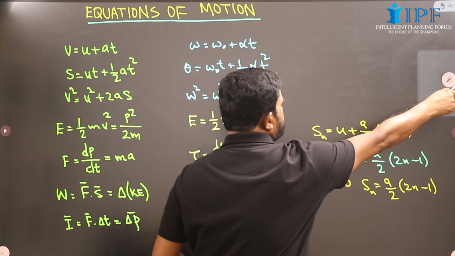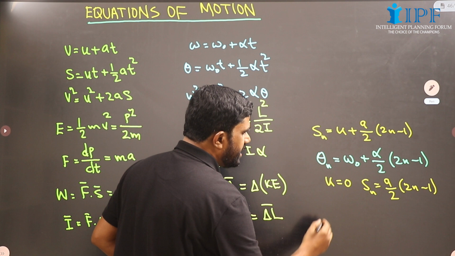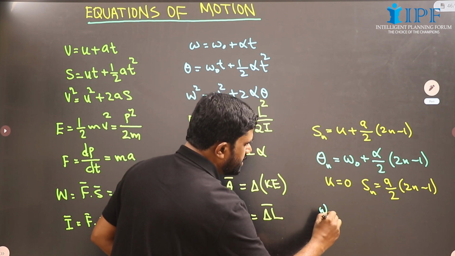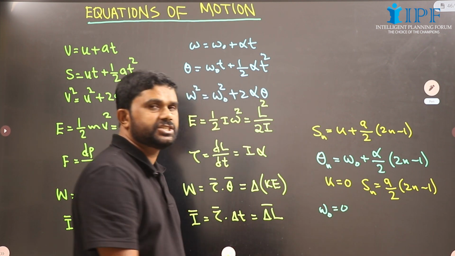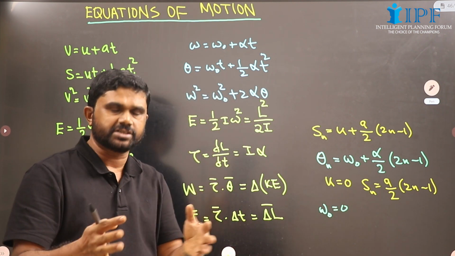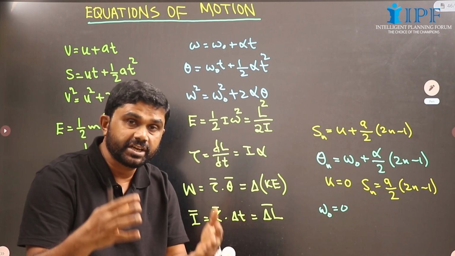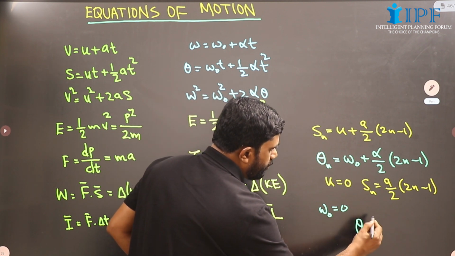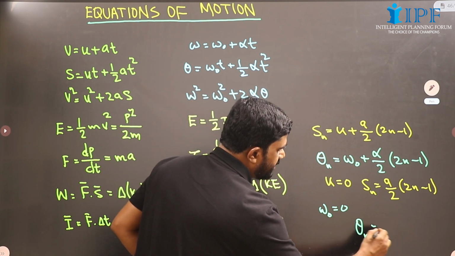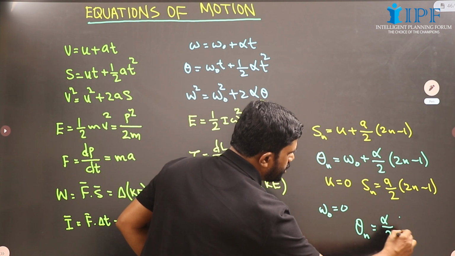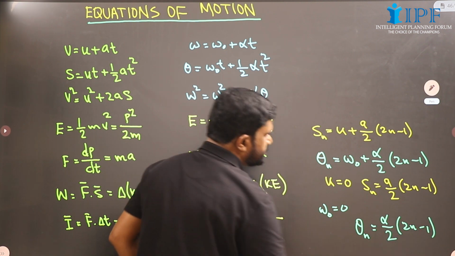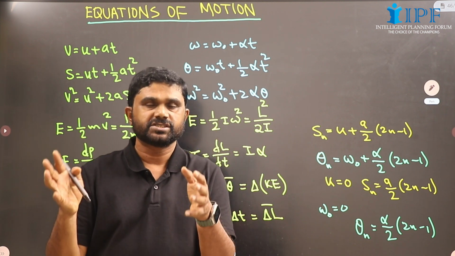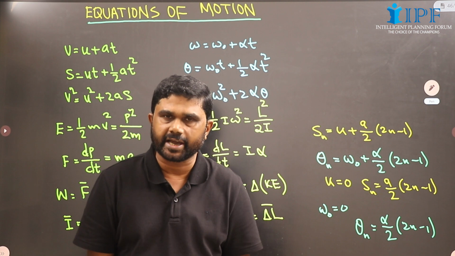Similarly, in rotational mechanics, when omega 0 equal to 0, that means initially the rigid body is at rest and it starts rotating with a constant angular acceleration, then the displacement in the nth second will be alpha by 2 into 2n minus 1. So whatever equations we have studied in linear mechanics, similar equations we can apply in rotational mechanics also.